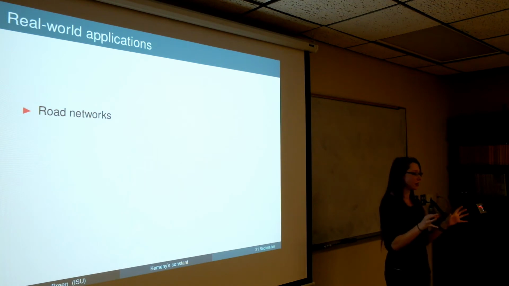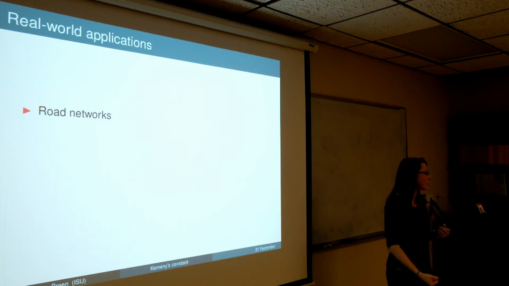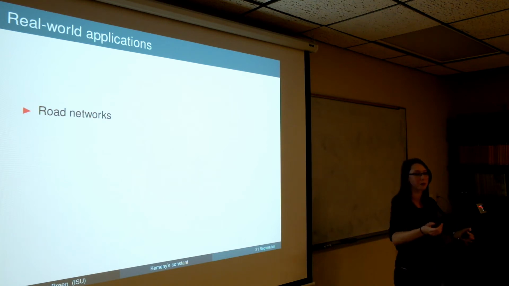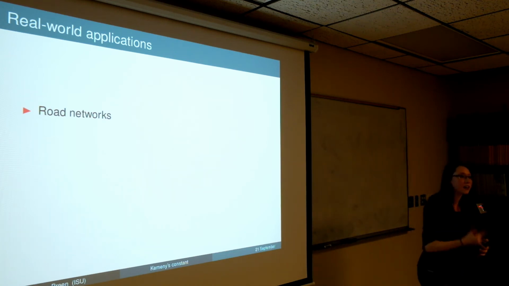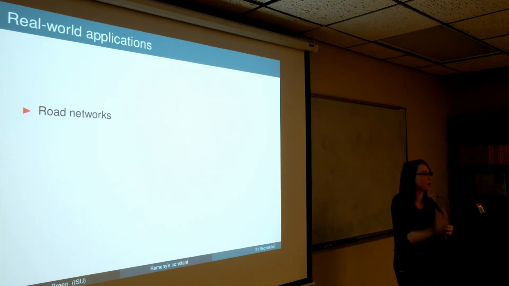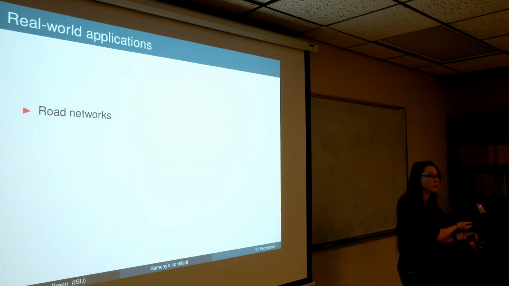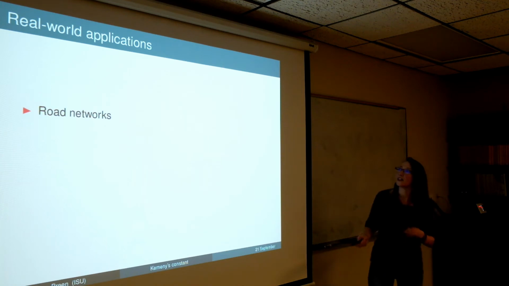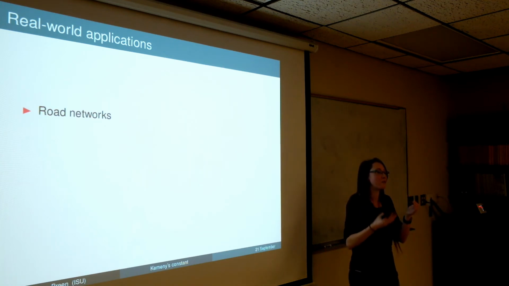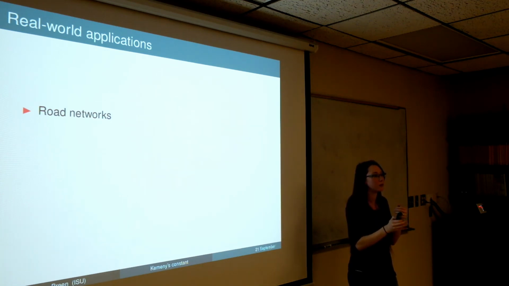What they did was they had this kind of toy model, and you just close a road by taking out some transition probability, setting it to 0 and redistributing the probability somehow, and then calculating Kemeny's constant each time. So if I close this one, Kemeny's constant has a certain value. If I close this one, I get a different chain with a different Kemeny's constant. And so using this, the ones that make Kemeny's constant much higher, so poorly connected, those are important roads in my network. That's what they said.